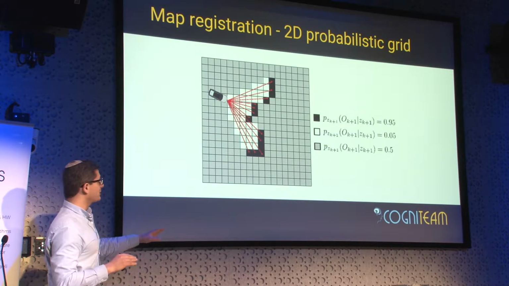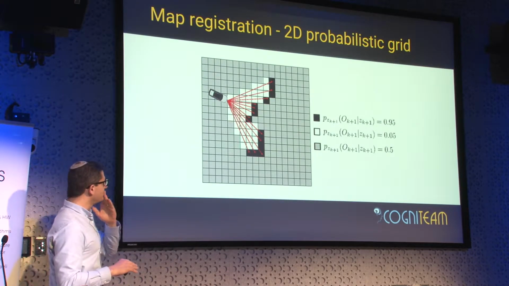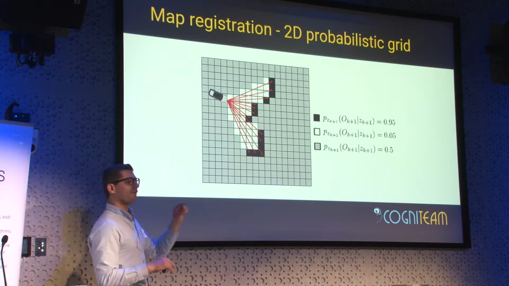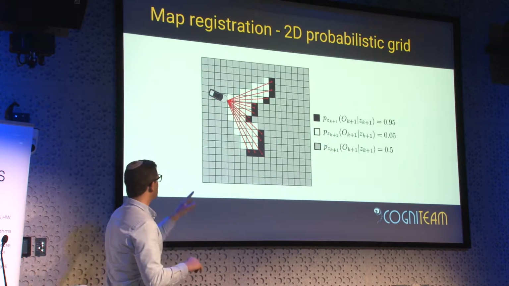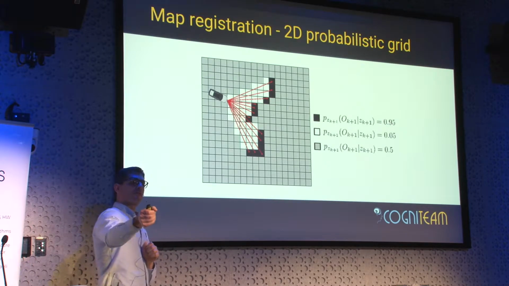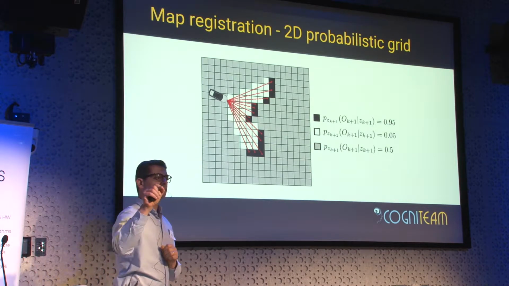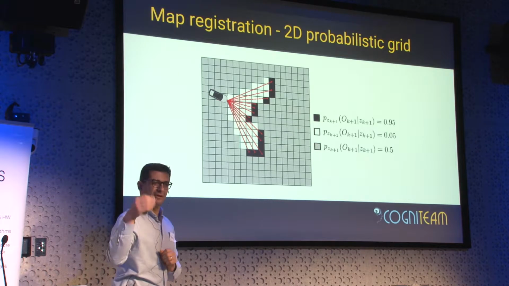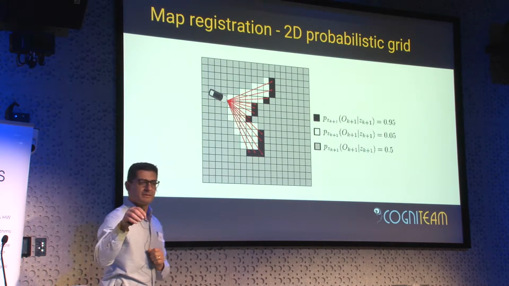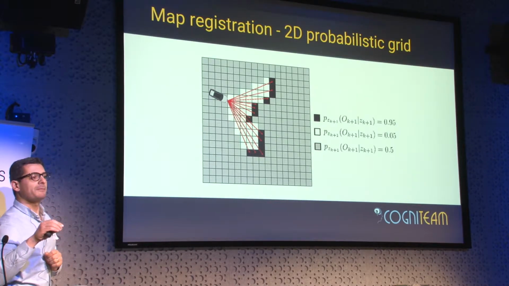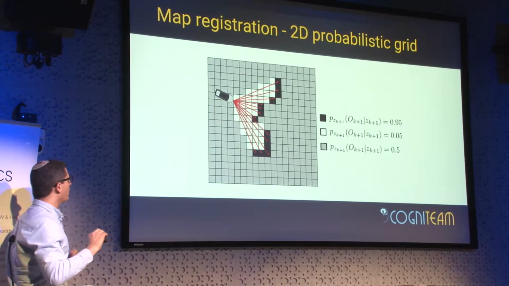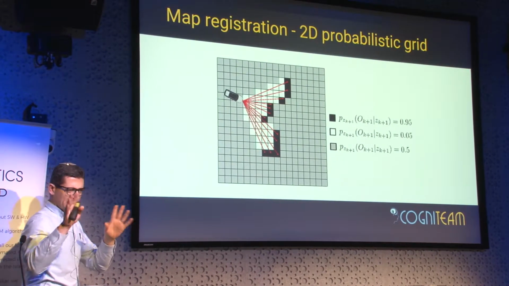The occupancy grid is also probabilistic because in each cell we have a number. Let's say I see a cell 9 times free and 1 time occupied. So the probability of this cell will be 0.9 to be free.